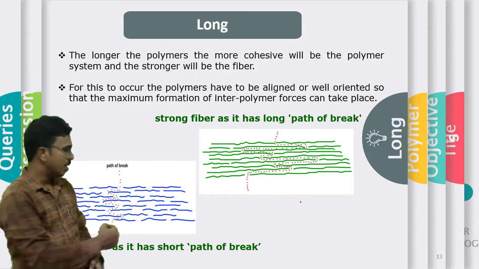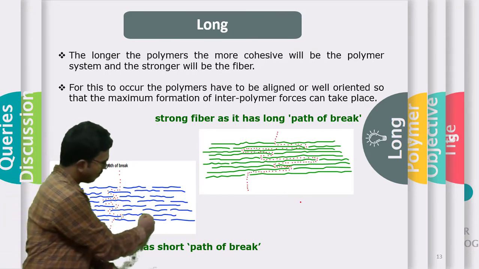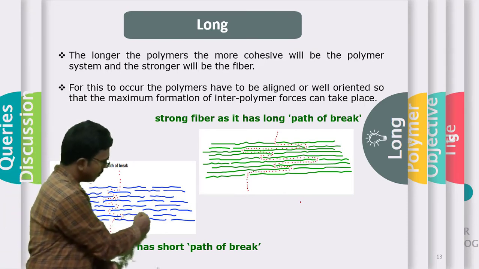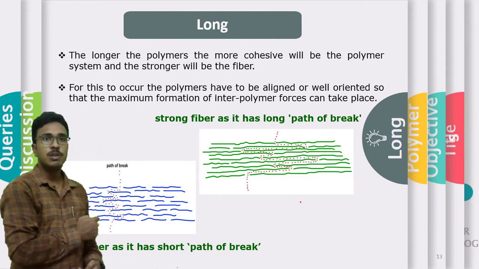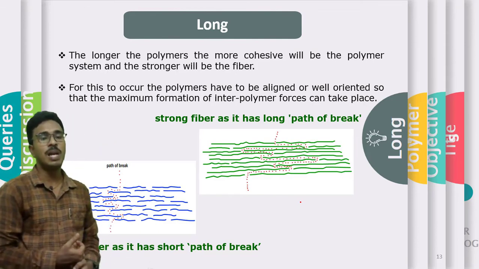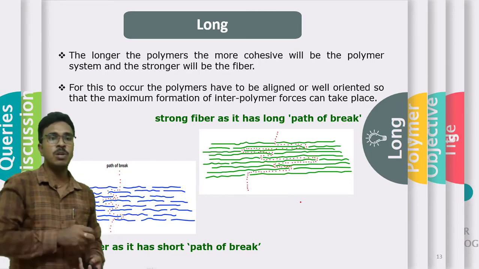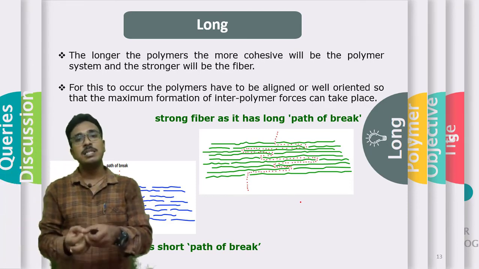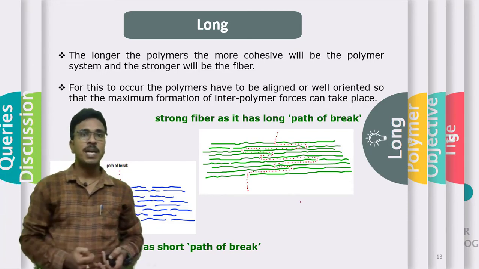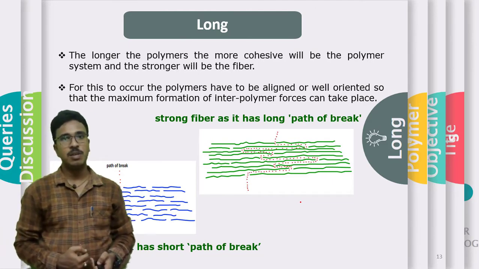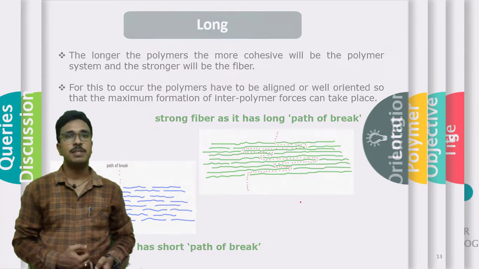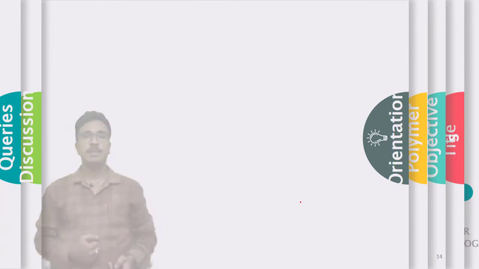Whatever molecules are there are short. So obviously what will happen? If you apply some load on such a polymeric system, it starts breaking easily when compared to the long molecular fibers. So this is about length.